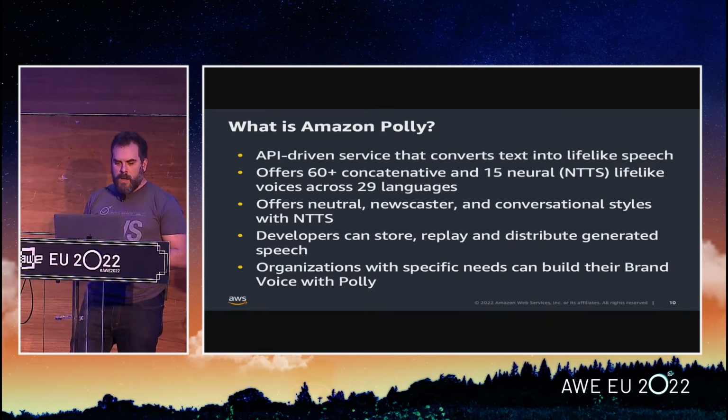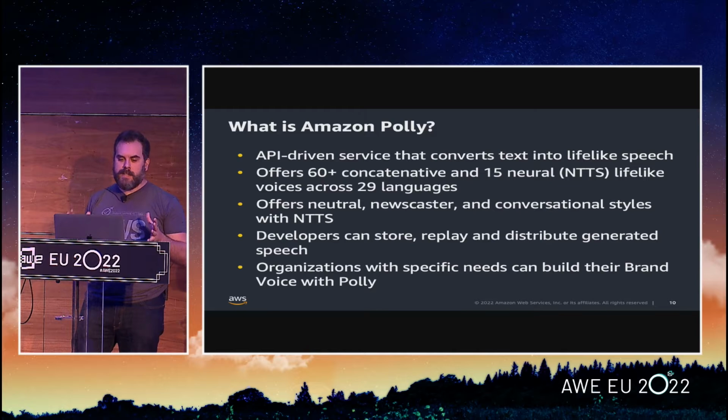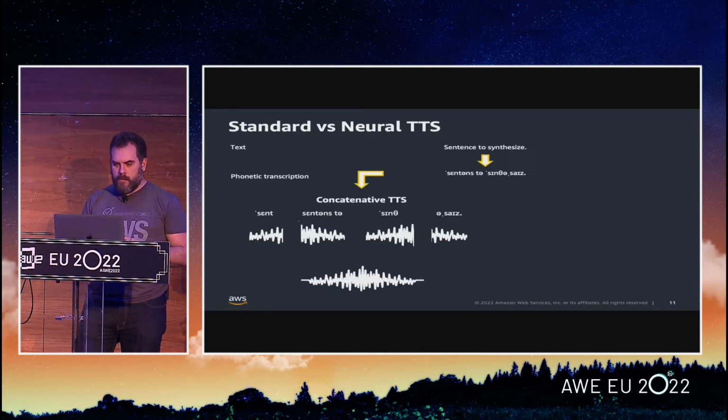And also some classification, like newscaster and conversational styles of voice. We build specific models for newscaster and conversational styles, so kind of slang. And we can easily integrate this service in our solution.